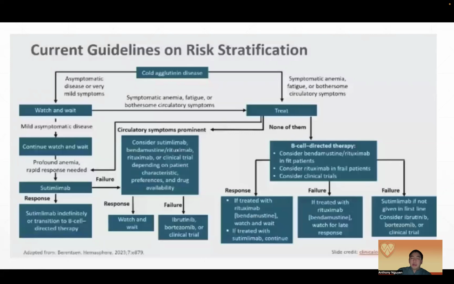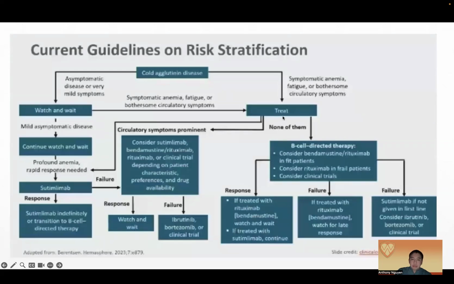If the circulatory problems such as acrocyanosis are prominent, we can consider sutimlimab. However, typically we would advocate for rituximab-containing regimens such as bendamustine with rituximab, rituximab alone, or even a clinical trial. If there is a response to B cell directed therapy, we watch and wait. If the patient fails, we can consider ibrutinib, bortezomib, or a clinical trial.